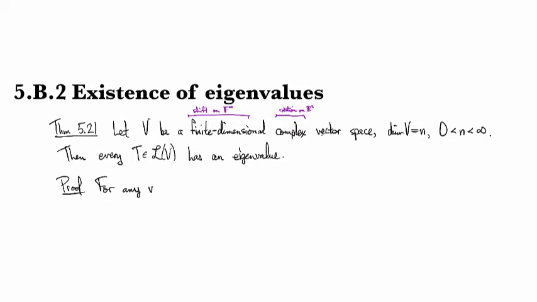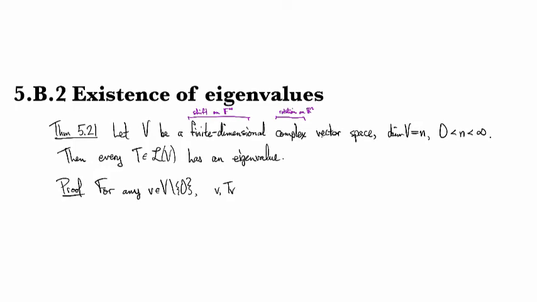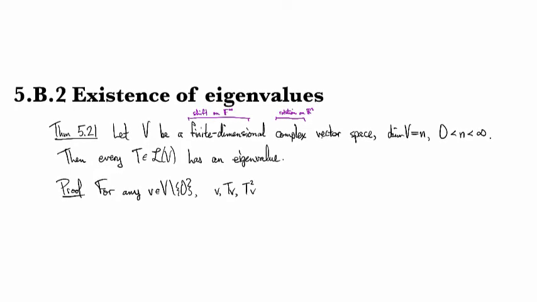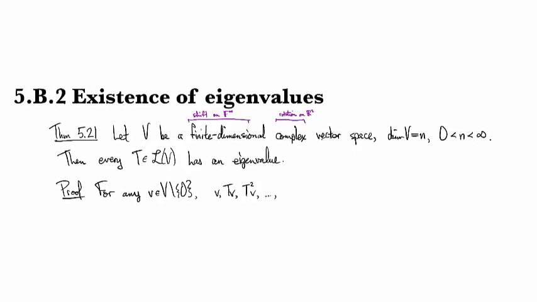If we look at any non-zero vector in V, then the list V, TV, T squared V, so we just start with a vector and then apply the transform to it again and again and again and see where it goes. And this is the basis of the study of dynamical systems, which is a fun thing that we don't get to talk about.